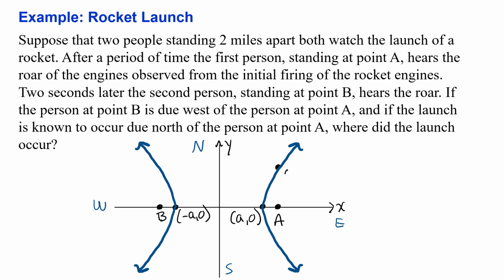Now let's plot the rocket at the point (x, y) on the right branch of the hyperbola. Now this point is due north of point A, therefore it lies in quadrant 1. Let's also sketch a dotted line connecting point A to the point (x, y) and from point B to the point (x, y). Now lastly, let's denote on our diagram that the distance between points A and B is 2 miles.